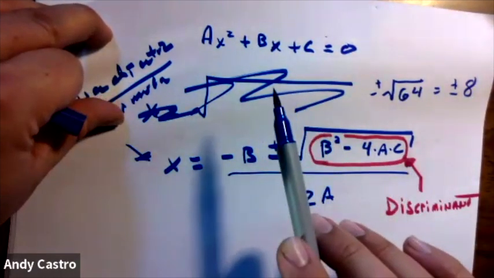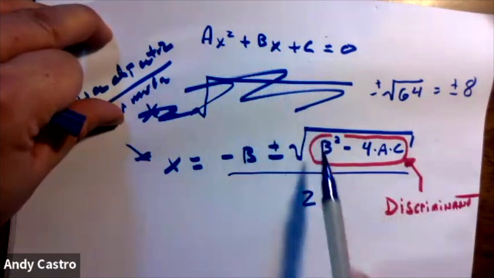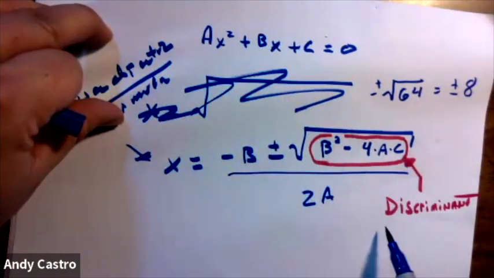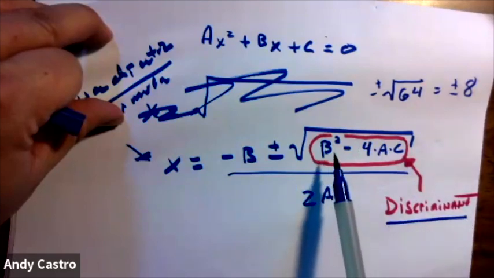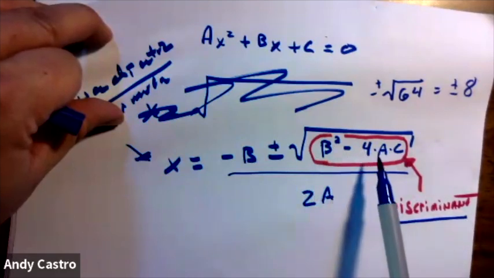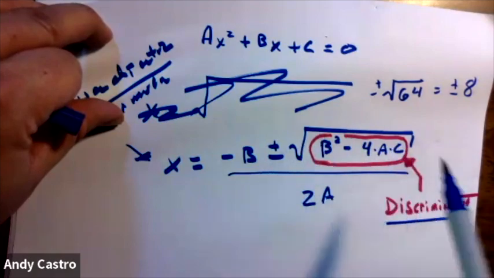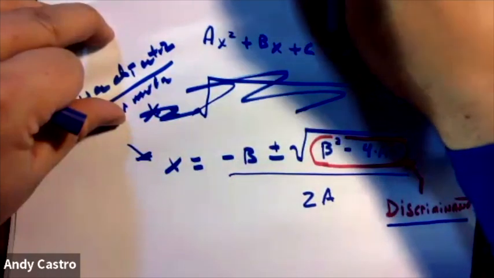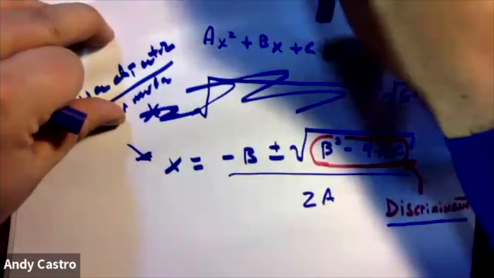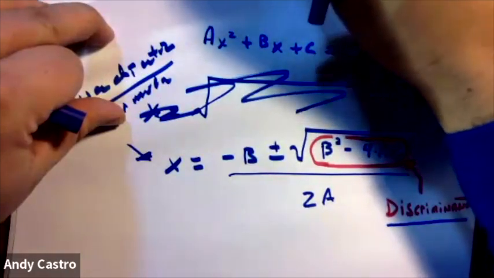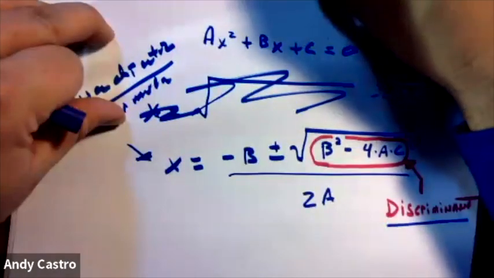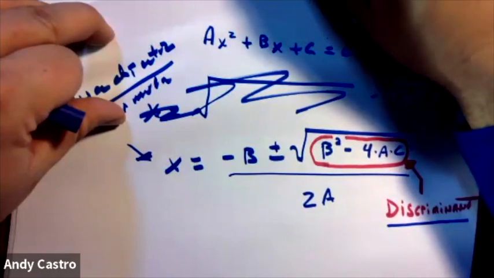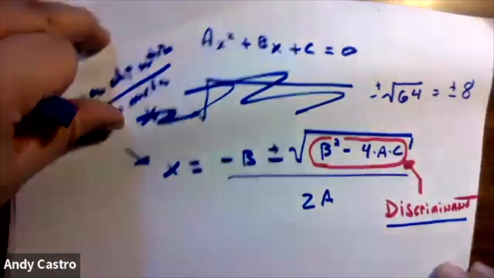But real quickly, if I know my A, my B, and my C, they're all part of what we call the discriminant. We can calculate the discriminant fairly quickly by squaring B and subtracting 4 times AC. So there are some conditions that I want to review with you when it comes to the discriminant. All right.